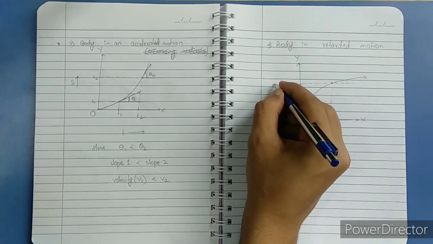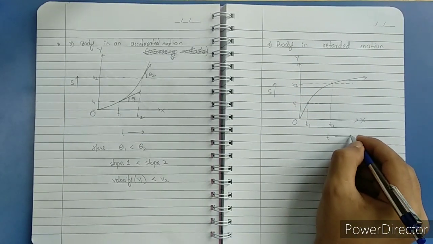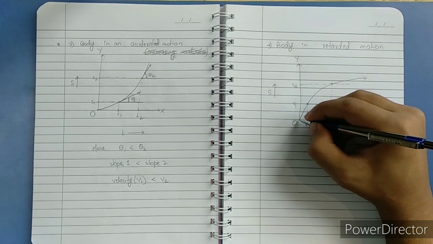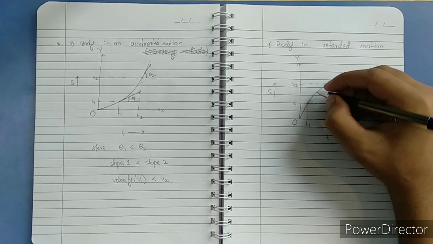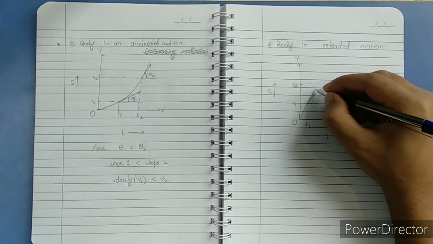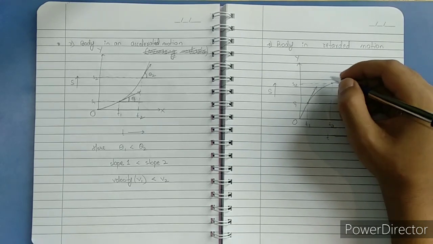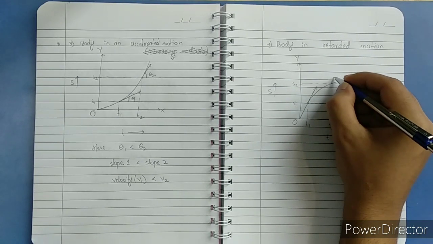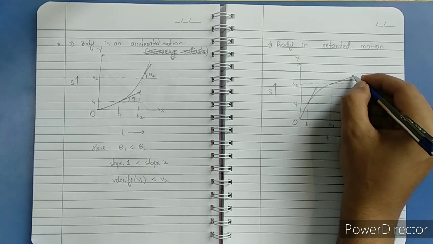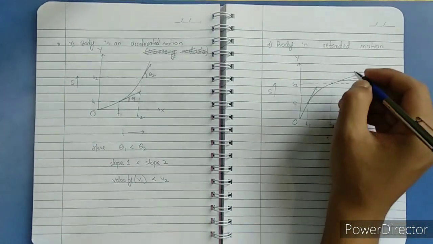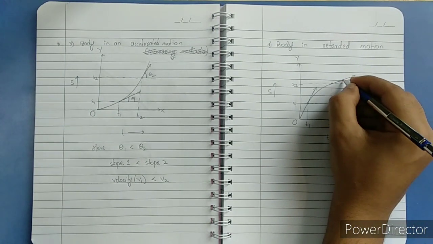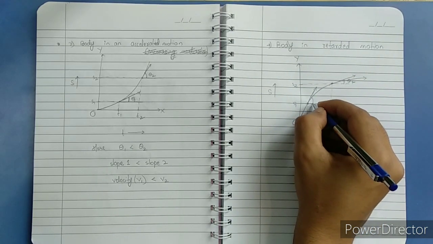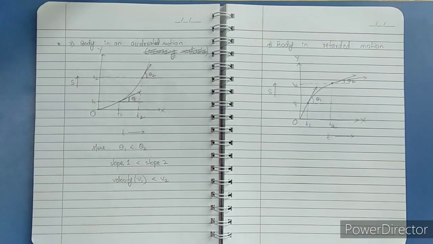This represents displacement, this represents time. Again we'll draw tangents. This is moving in this direction, so at this point of time the direction is in this way, and as it moves over here, at this point it will be this direction. So let's say this one makes angle theta 2 and this makes angle theta 1 with the x-axis.